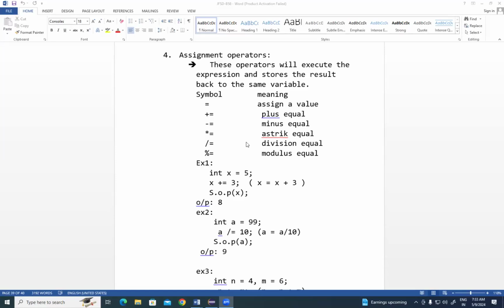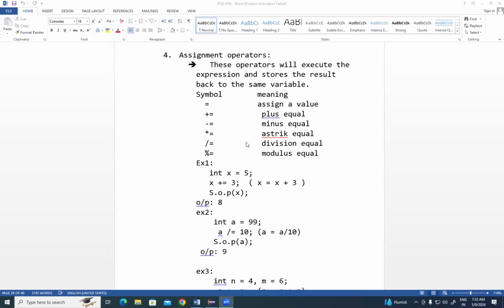Addition with the symbol plus, subtraction with minus, multiplication with asterisk, division with slash, modulus with percentage. What is the difference between the division operator and the modulus operator? The division operator returns the quotient. The modulus operator returns the remainder.